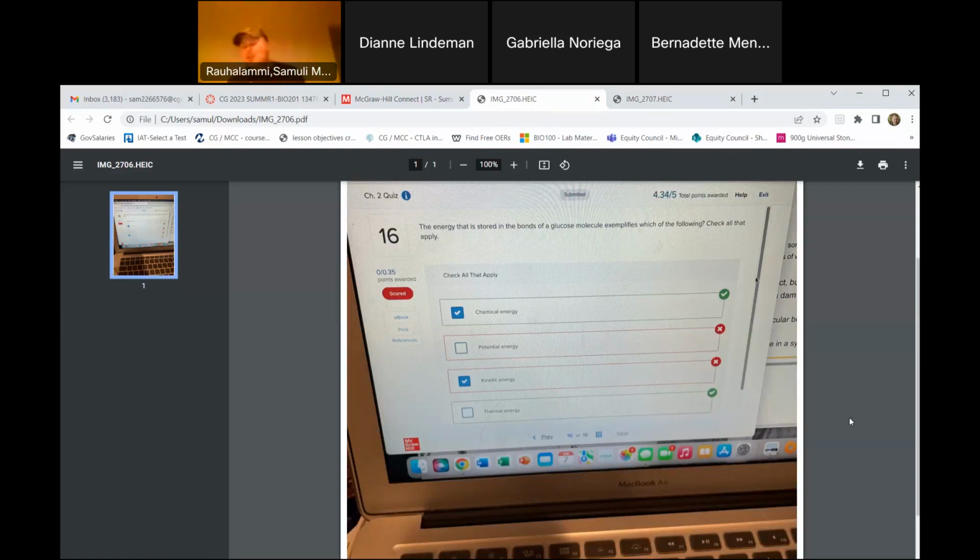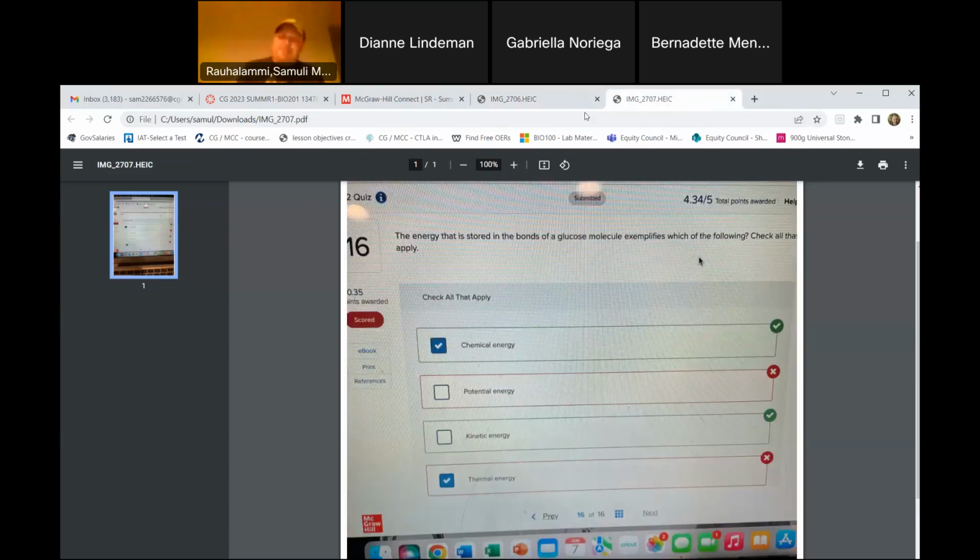Kinetic energy was chosen but shouldn't have been chosen, and it was a correct choice not to choose the thermal energy. So I just wanted to put it out there as a quick disclaimer, because a lot of students find that tricky, and I completely understand why. So now you know how to read that feedback that you get back.